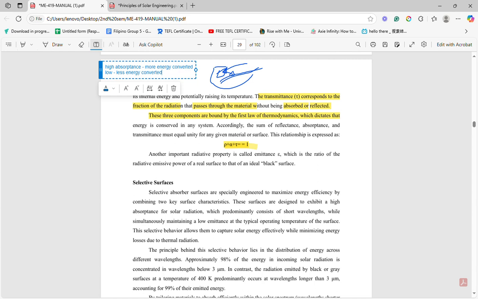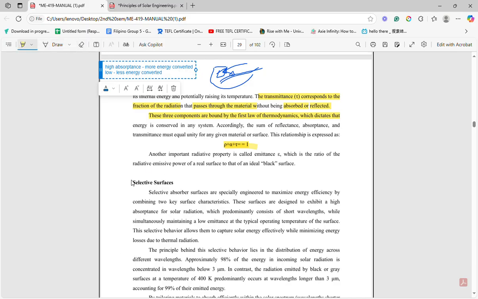So, how can we apply this to our systems? In PV systems, that is the reason why we use silicon, because semiconductor materials absorb more sunlight compared to other materials, because semiconductor materials have high absorptance. Whereas in our solar thermal collectors, we are using selective coatings like this.